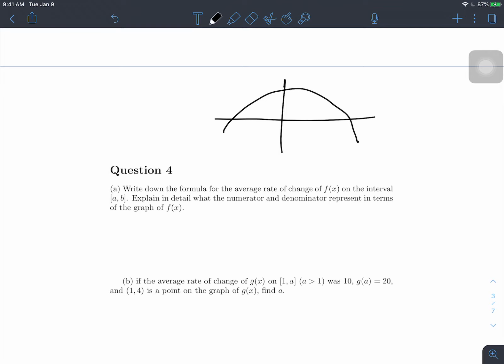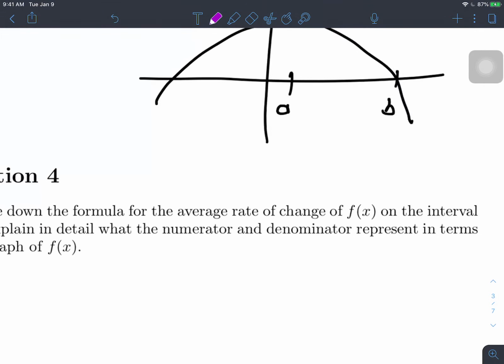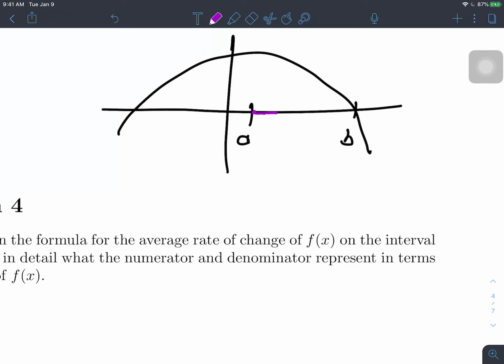So if here's my a and here's b, now I want to know the average rate of change of my function on this interval from a to b. First of all, a to b is the interval here in purple. This is what we would call a comma b. Okay, a comma b consists of all of the points in between these two endpoints, including the endpoints themselves.